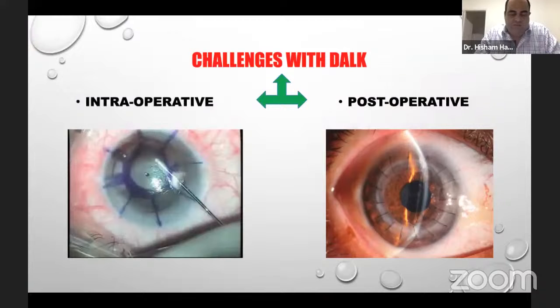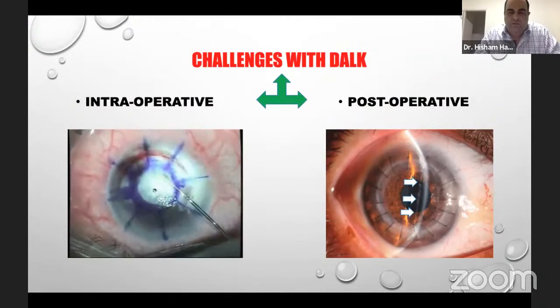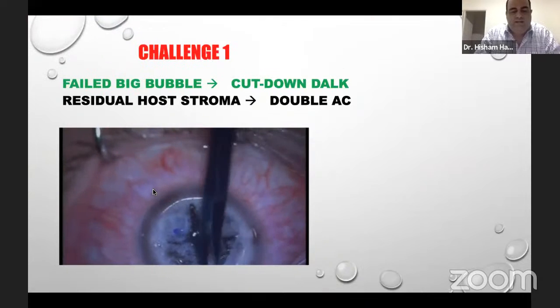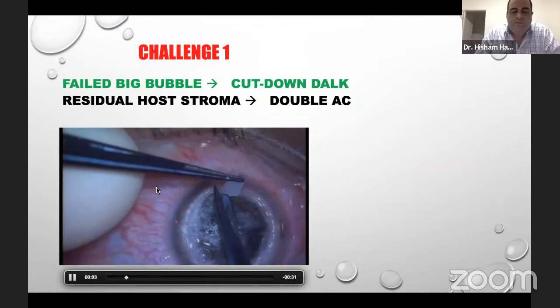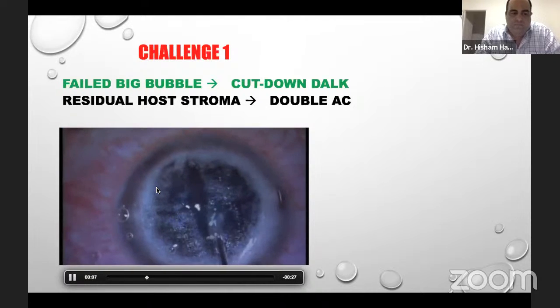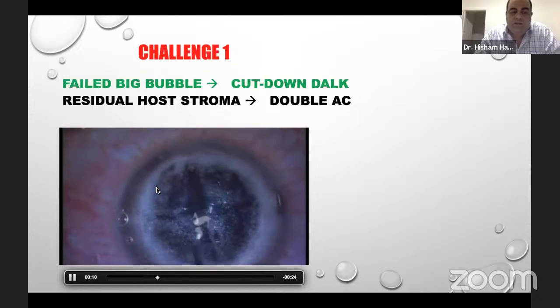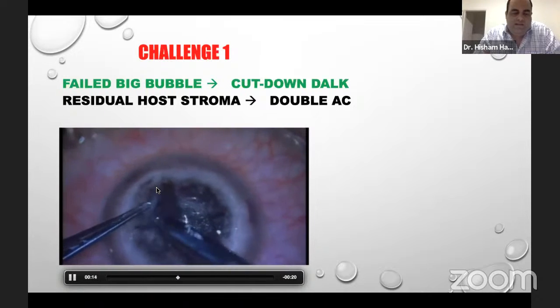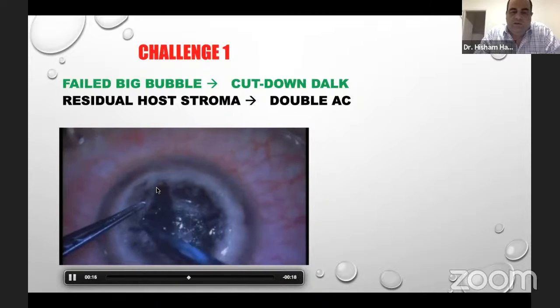Challenges may be met with DALC either intraoperatively or postoperatively. The first challenge with DALC is failure to induce the big bubble despite repeated injection of air into deep stroma. Simply, you can switch to a cut-down DALC where you remove deep stroma layer by layer with the aid of hydration.